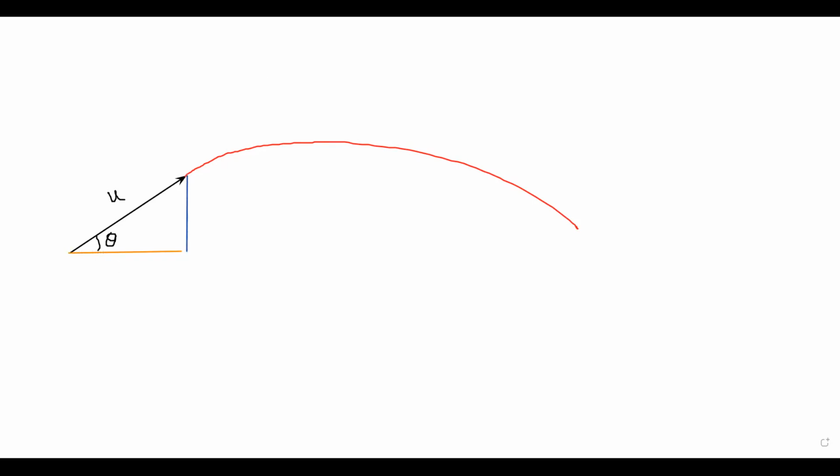The horizontal component of the motion is given by u cos theta, whereas the vertical component of the motion is given by u sin theta. So we have the horizontal component given by u cos theta, and that's the initial horizontal, whereas the vertical component is given by u sin theta.